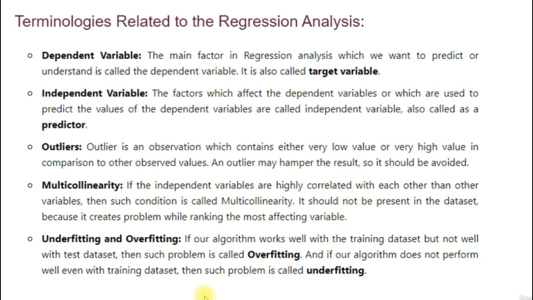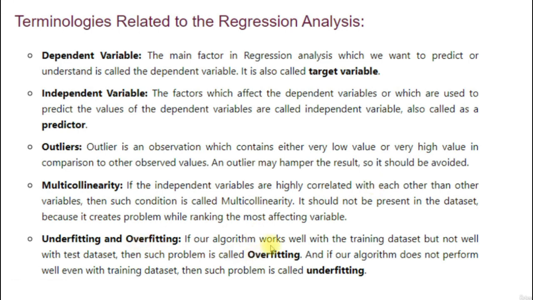Now multicollinearity. If the independent variables are highly correlated with each other, then such a condition is called multicollinearity. It should not be present in the dataset because it creates a problem while ranking the most affecting variable. So due to this, you won't be able to find the variable that affects the target variable the most.